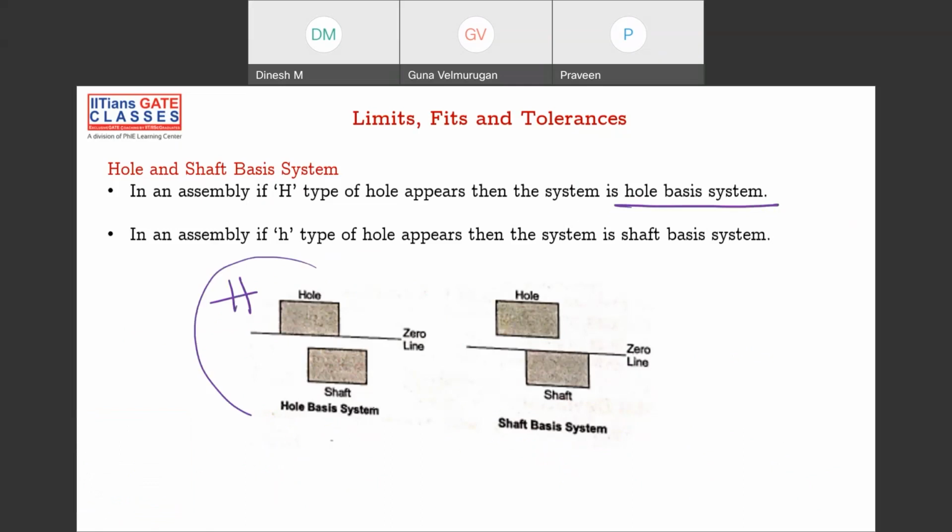This is a system that you have to follow: compulsorily, the minimum value of the hole has to touch the basic line. And if I write small h, it means I'm using the shaft basis system, where the maximum value of the shaft is coinciding with the basic size. Okay, good.